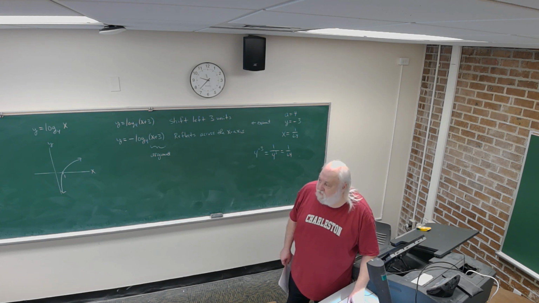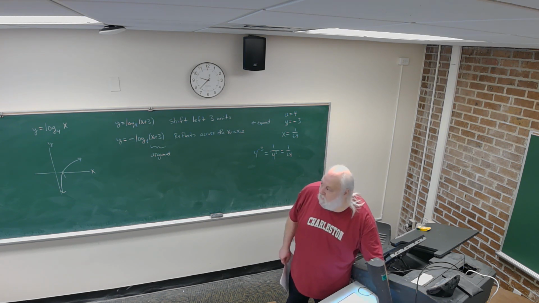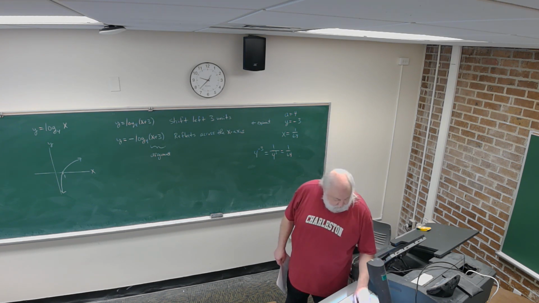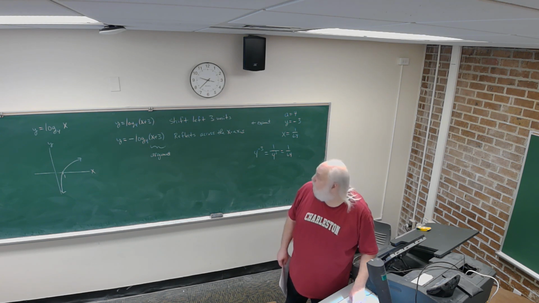And so you set the argument greater than 0. Up above, the domain is x greater than 0. So instead of x being greater than 0 for the domain, we have x plus 3 is greater than 0. That's an inequality. So when you solve for the inequality, you get x is greater than -3, right? In interval notation, that's -3 to infinity.